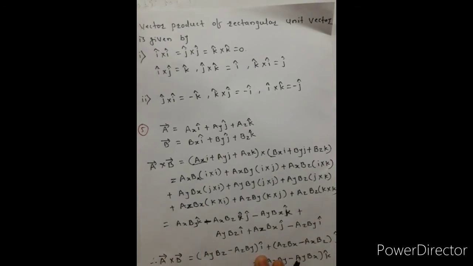Okay, now simplify this term, so a cross b is equal to what?